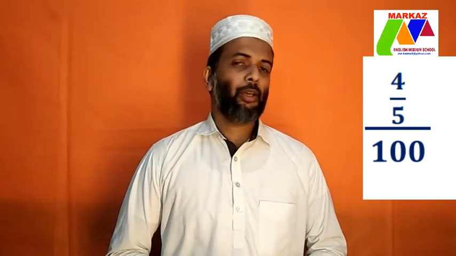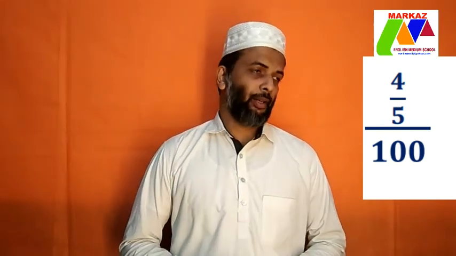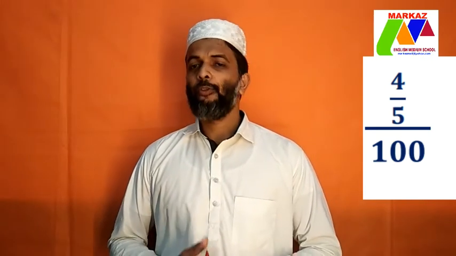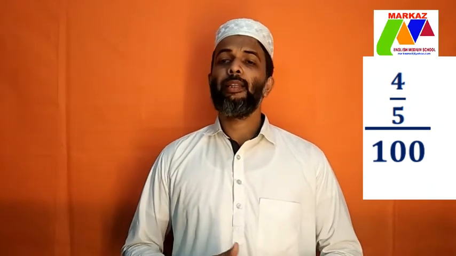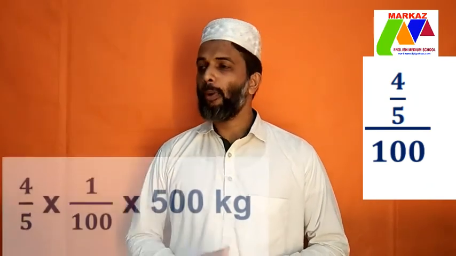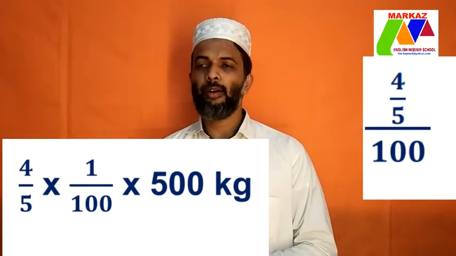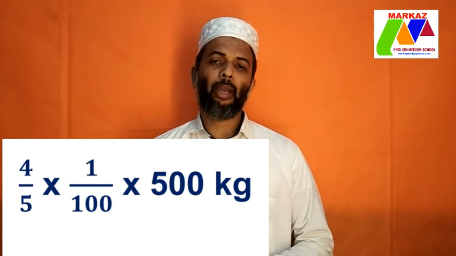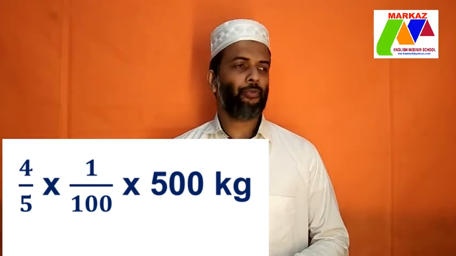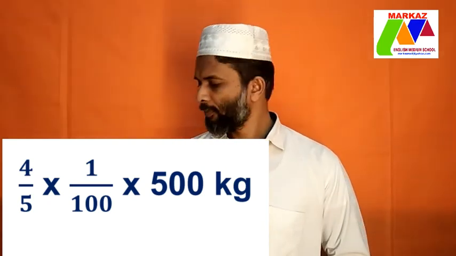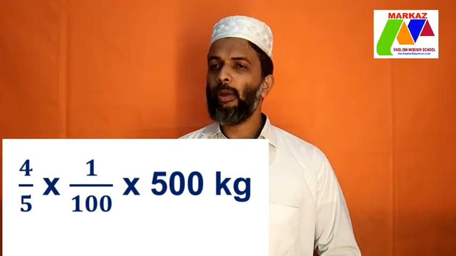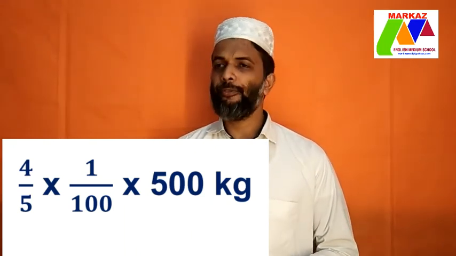In the chapter of fraction in your first semester, you learned about reciprocal. Remember? Okay. 4 by 5 by 100 can be written as 4 by 5 into 1 by 100 into 500 kilogram. You can simplify the number 100 and 500.